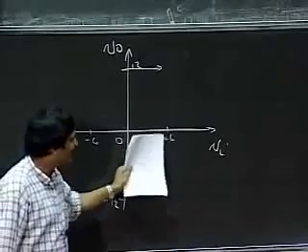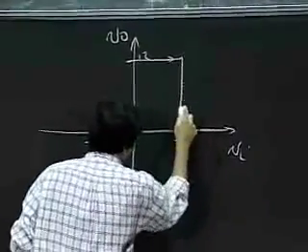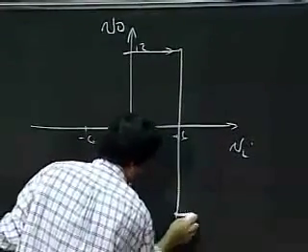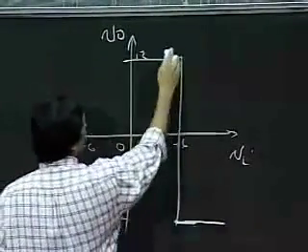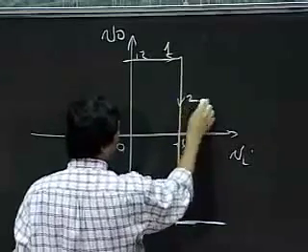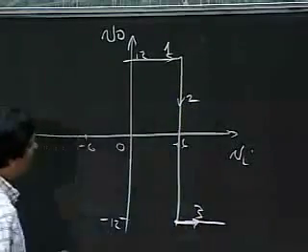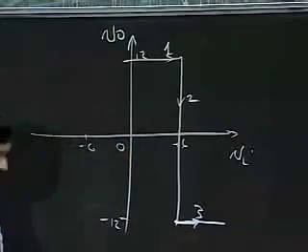So my input kept increasing. When the input hit plus 6, my output swung down to minus 12. As the input kept increasing, nothing happened. So this was step 1, step 2, step 3. If the input kept increasing, the output stayed at minus 12 volts.